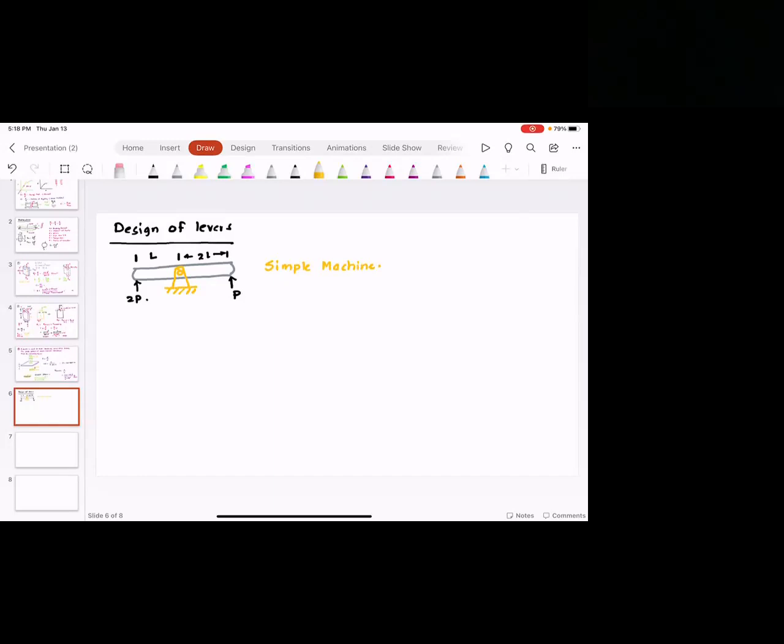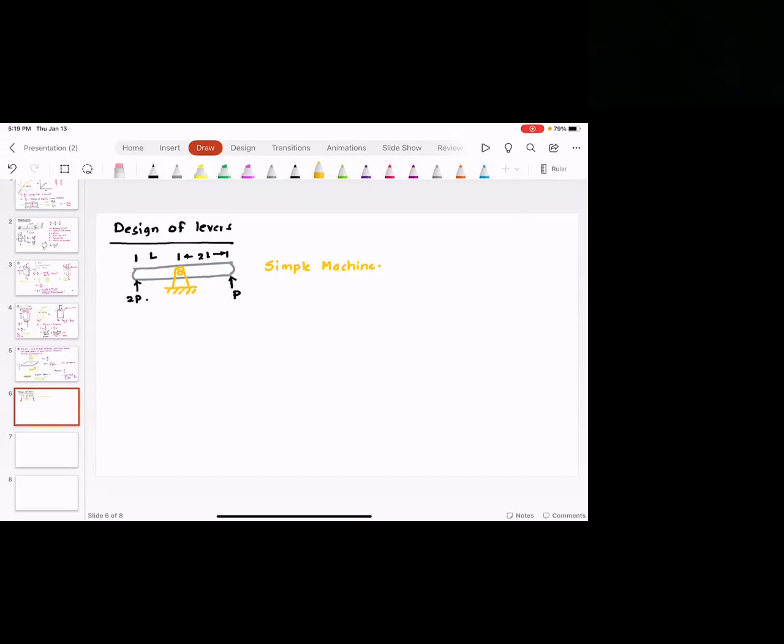On the left-hand side, you have small length, but larger force. On the right-hand side, you have longer length, but smaller force. So basically, the characteristics have changed.